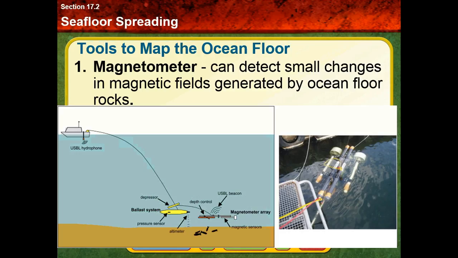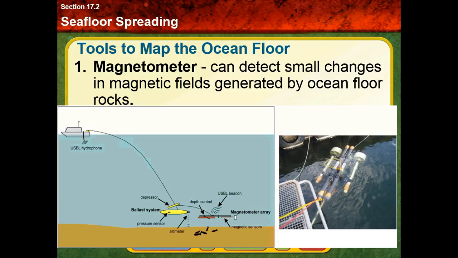So when the rock comes up from the mantle and comes up through the mid-ocean ridge, there's iron in the rock. And when it comes up and it's still in its liquid state, they're all going to act like little magnets, and they're all going to line up north and south with wherever magnetic north is.